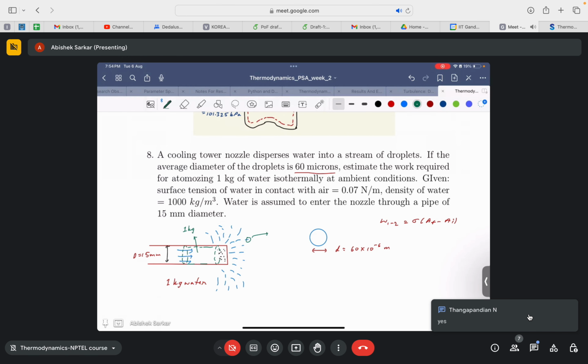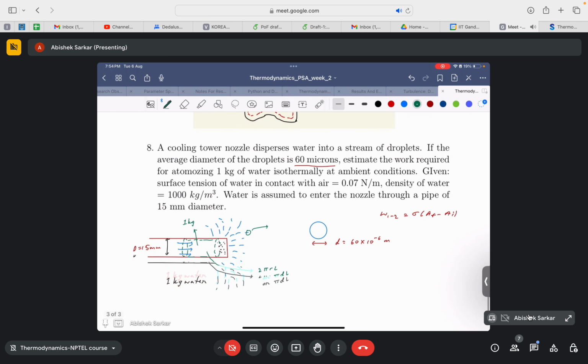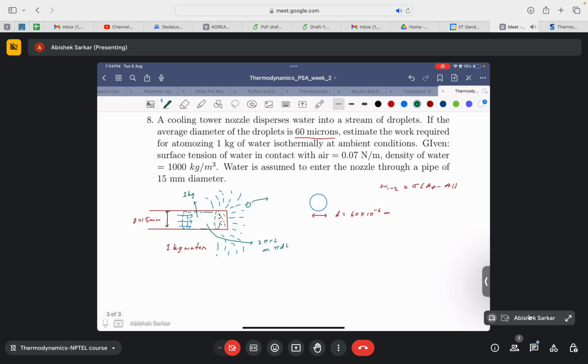So this cylinder of 1 kg of water would have a particular surface area which is given by 2 pi RL, we consider lateral surface area only, so it's given by 2 pi RL or pi dL, right. Now it is said that this cylinder of water is changed into n number of droplets, where droplets are of spherical shape.